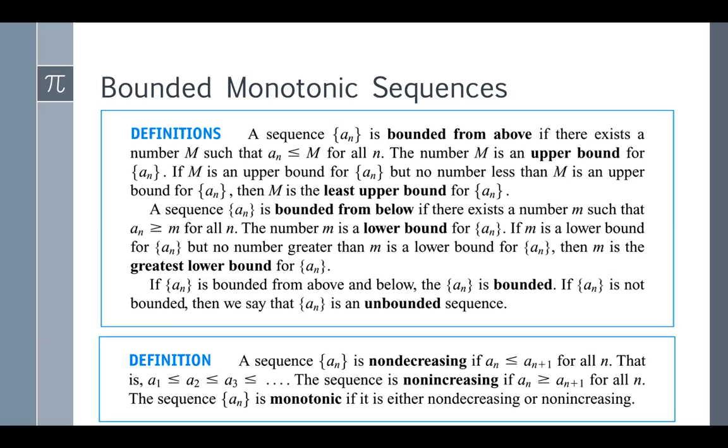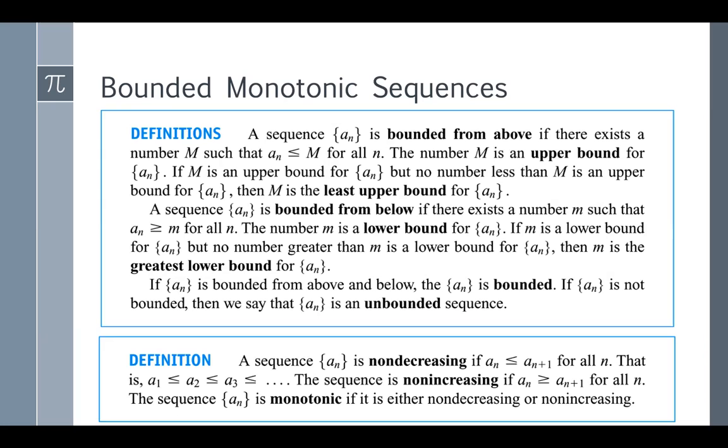A sequence a sub n is non-decreasing if a sub n is less than or equal to a sub n plus 1 for all n. You see a word like non-decreasing and you think, why can't they just say increasing? Well, there is a difference. Non-decreasing allows for some of the terms to stay the same.